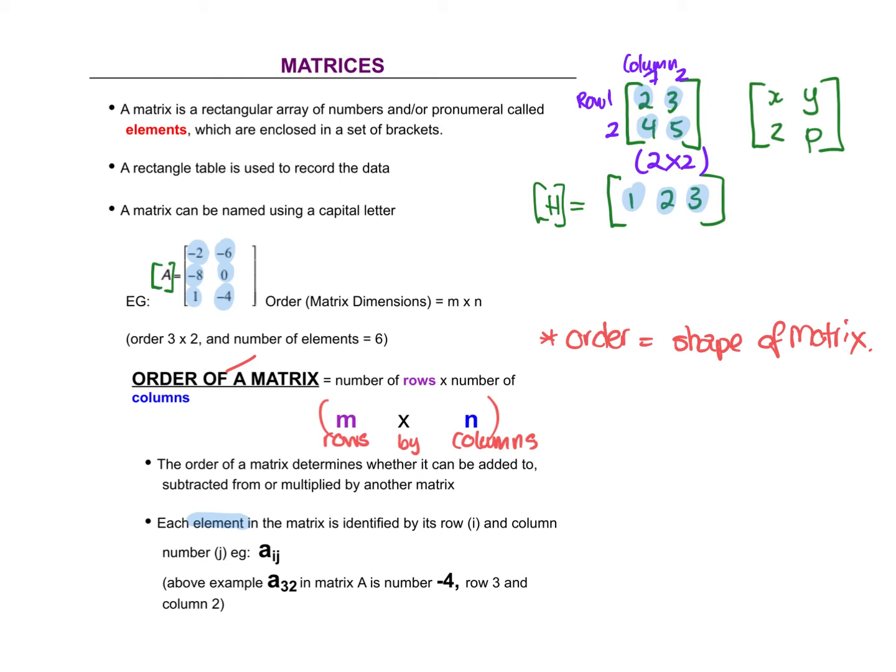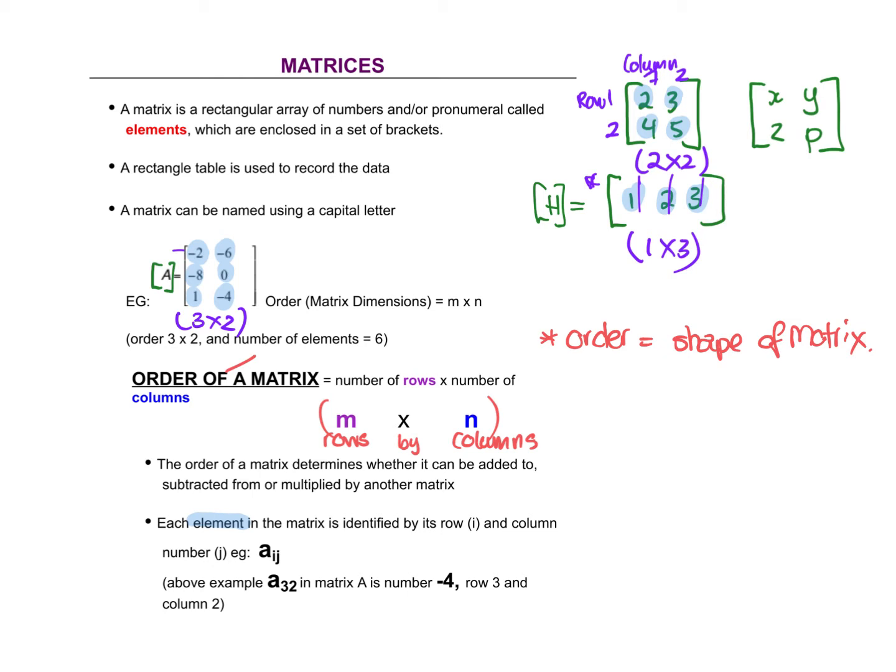What about this one? How many rows has it got? It's got 1 row. And how many columns? 3. So it'd be a 1 by 3. When they ask you for the order of the matrix, you just say the shape of it. Up here, this one has 3 rows and 2 columns. Just remember you do rows first.